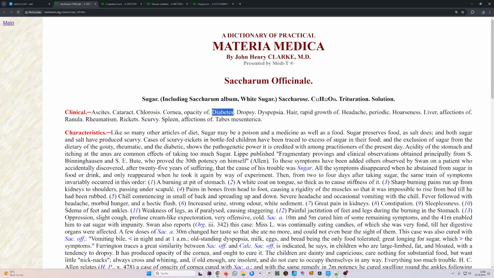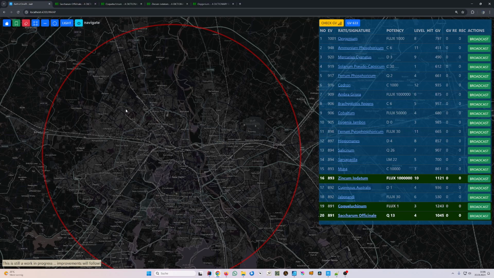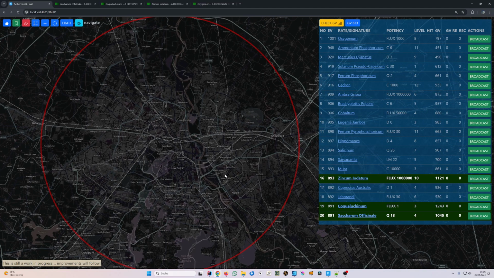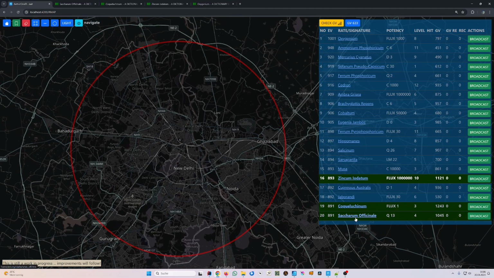So diabetes maybe is the problem in this area because people eat too much sugar, too much fast food, and you will normally see saccharum officinale where people misuse the food, and maybe there's too much fast food consumption in this area.